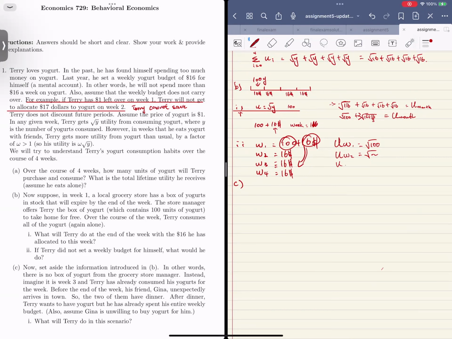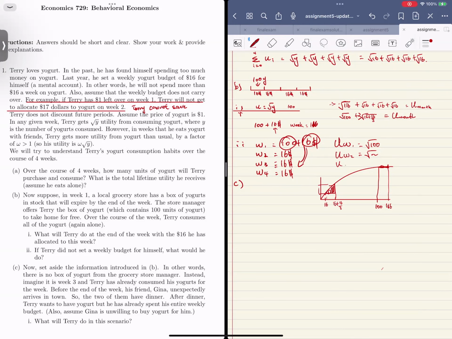Okay, thank you. Yeah, because the function looks like this, right? The more you consume, the less it gives. So like 100, 116, it's this size, it's definitely going to be less than 16, and then 16 plus 16 divided by 3, this portion into the utility.